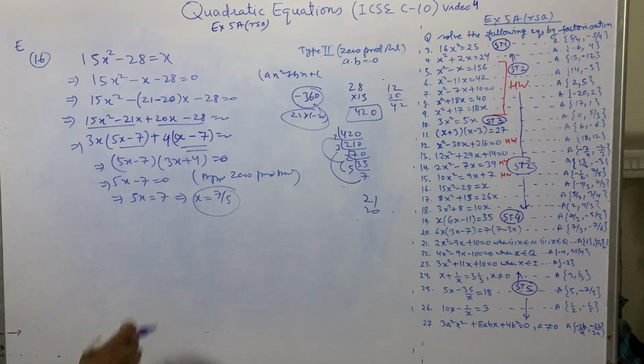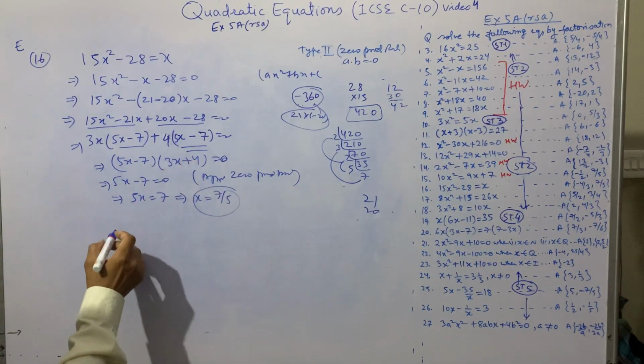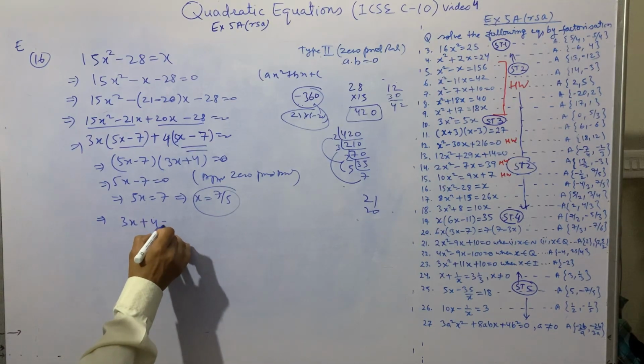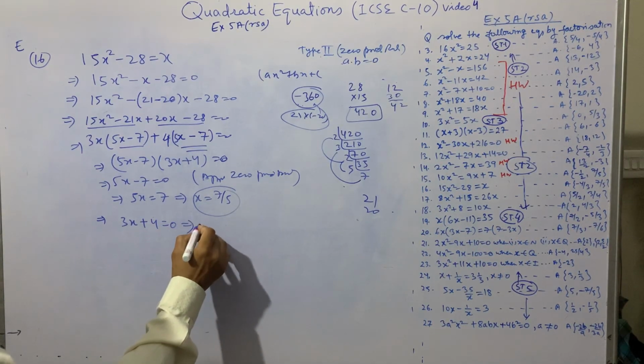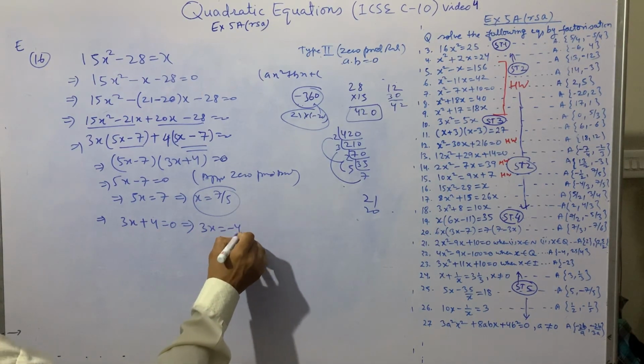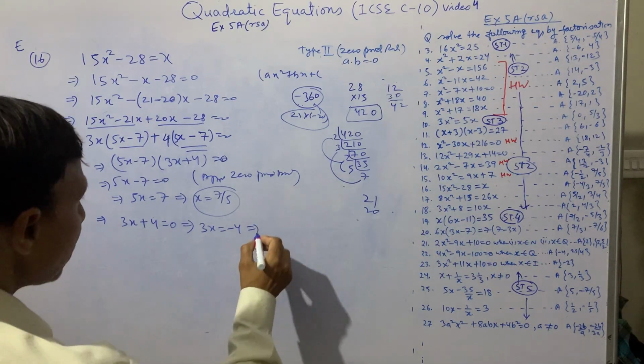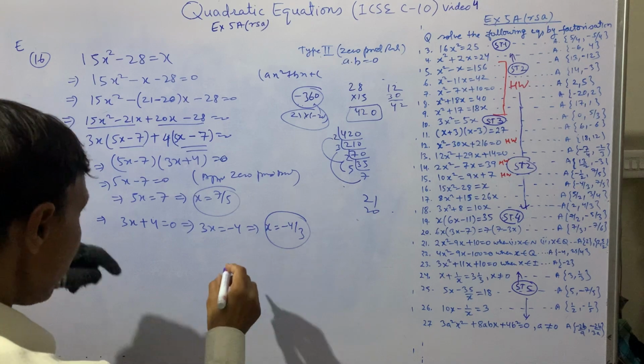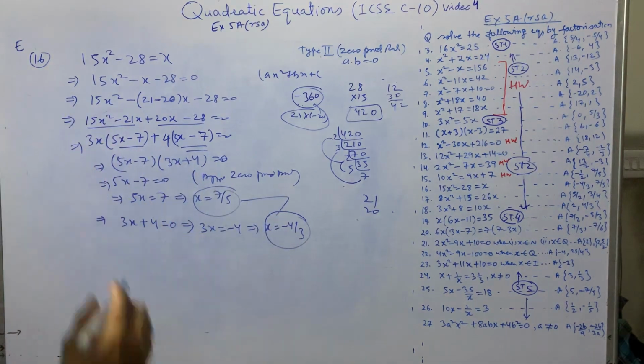Taking the other part, b is equal to 0, we get 3x plus 4 is equal to 0, so 3x is equal to minus 4, and x would be equal to minus 4 upon 3. In this way we got both the solutions of x.